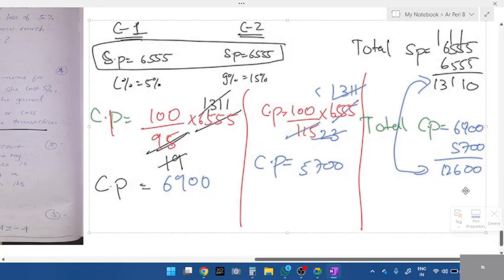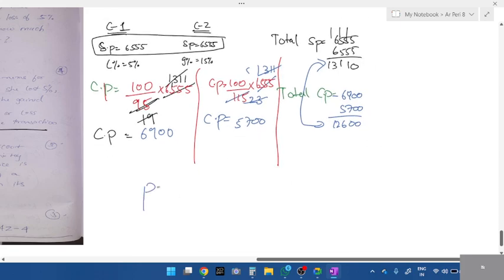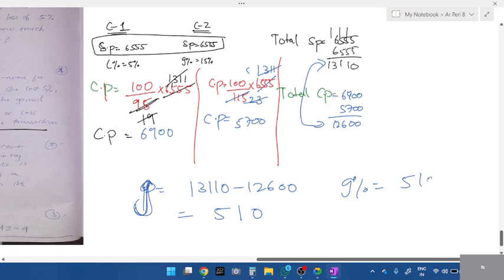Sorry, this is not the answer. Loss. It is a profit, student. Sorry, profit. Calculate profit or gain and find the gain percent. Gain is equals to 13,110 minus 12,600, that is 510. Gain percent is equals to 510 divided by what is cost price? 12,600 into 100.